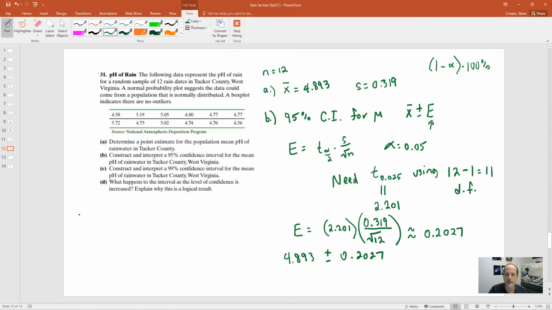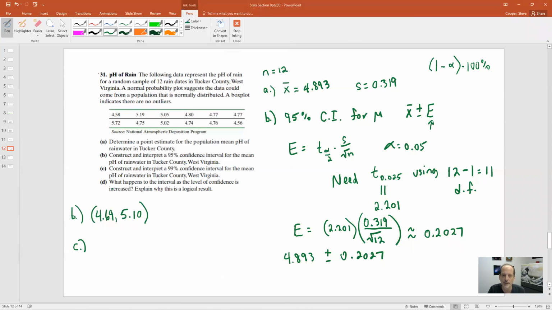All right, so our answer for B, remember to interpret it if it asks for it. So we're 95% confident that the population proportion is between 4.69 and 5.10. And this is the pH of rain.